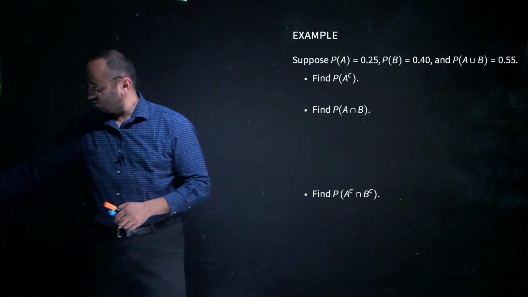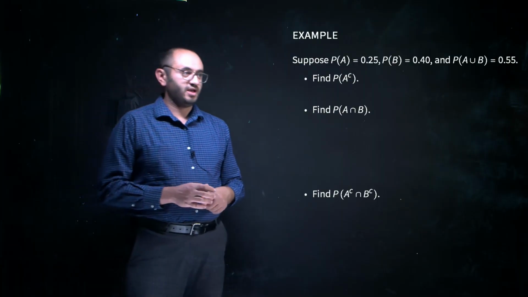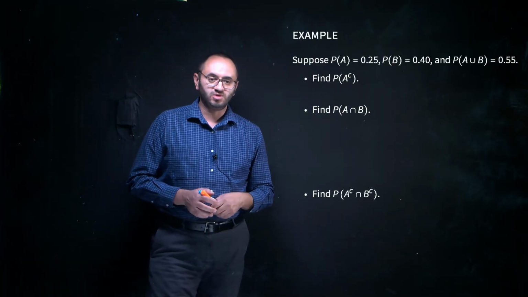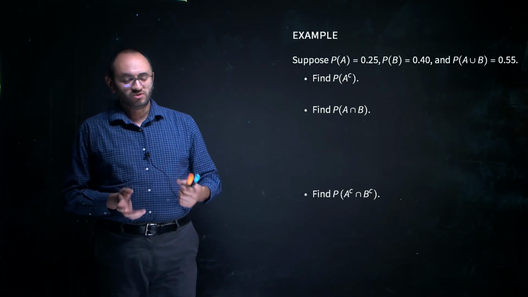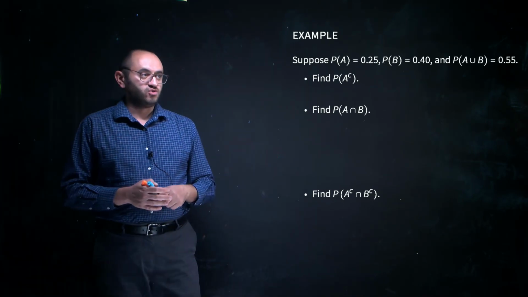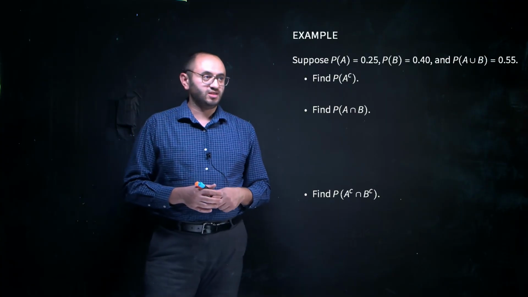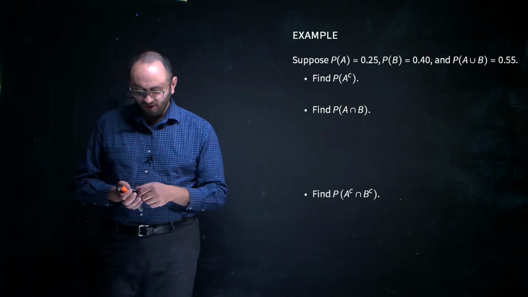Next, we are going to discuss an example. Suppose we have two events, A and B. Probability of A is 25%. Probability of B is 40%. Probability of A union B is 55%. Find the following. Find probability of A complement. All right.